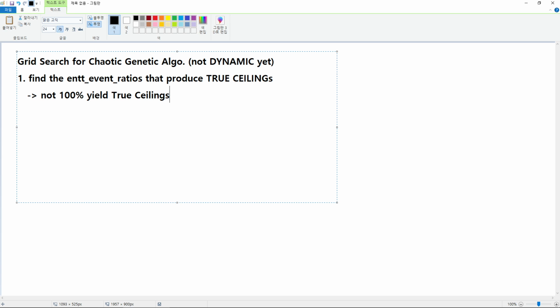I just wanted to know, since a lot of it is based on luck, which event ratios would do that. Since if they do it in the first couple of tries, they are more likely to be able to produce true ceilings. But I just wanted to know.